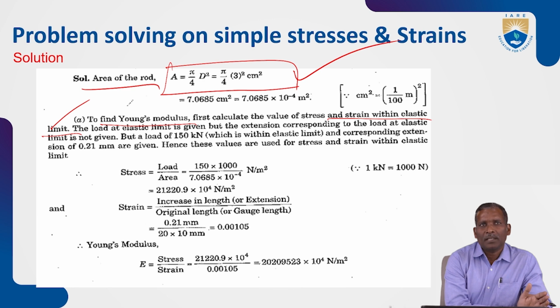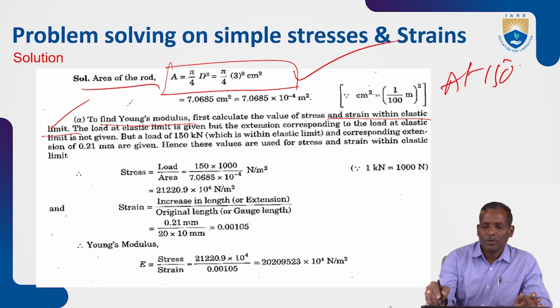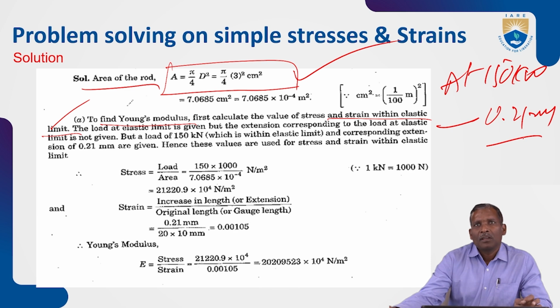The load at elastic limit is not given, but a load of 150 kilonewtons is given, which is within the elastic limit. The corresponding extension at 150 kilonewtons is 0.21 mm. Hence, these values are used for stress and strain within the elastic limit.